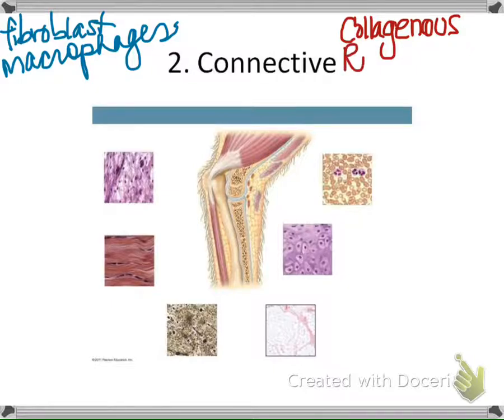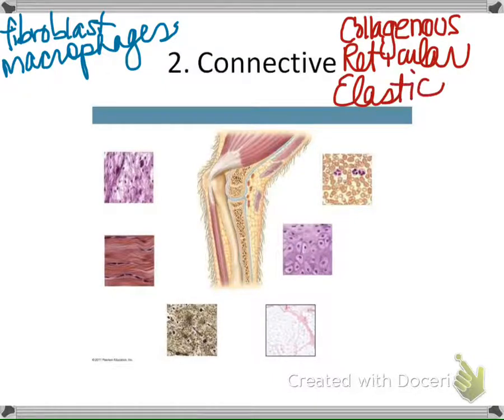Then you have reticular, which joins connective tissues to adjacent tissues, and you have elastic, which makes tissues elastic. You have six types. Here are your lovely pictures around this knee. Very hairy knee.